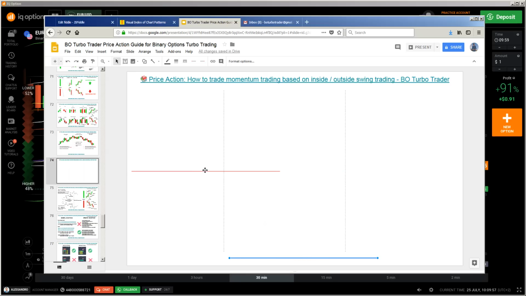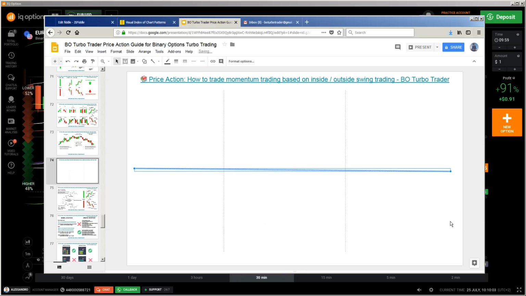There are 6 different patterns. There will obviously be many more, but those are the foundation of all patterns, because the market can behave in every kind of way.